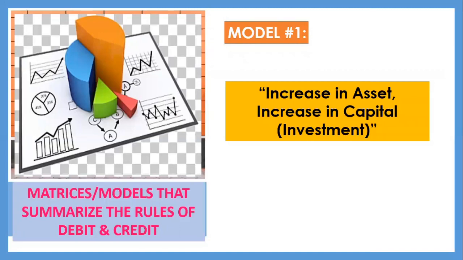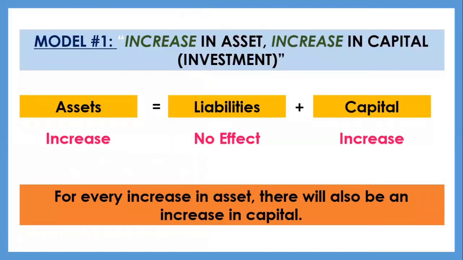Now, in terms of assets, it will obviously increase. And in terms of liabilities, can you see any liabilities in model number 1? No. Therefore, it has no effect on liabilities. And finally, on the capital side, it will increase, specifically the investment.